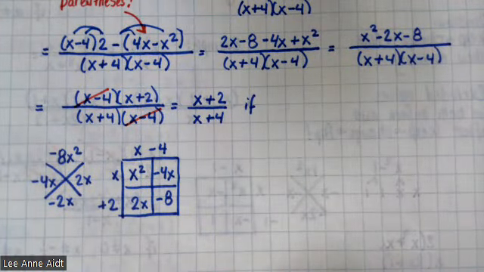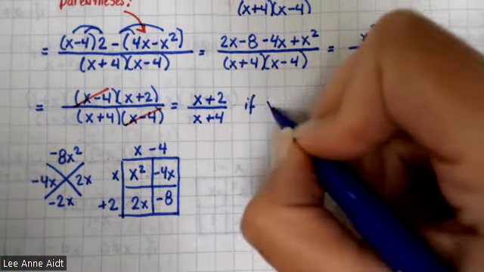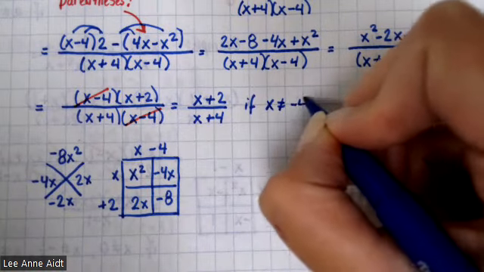Almost done. What can x not be? -4 and 4.